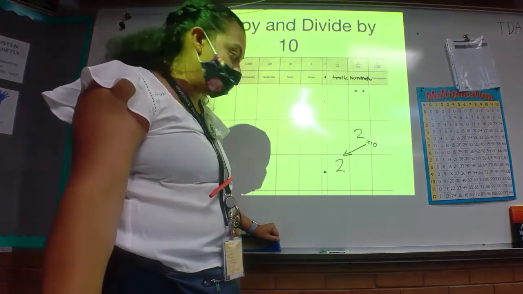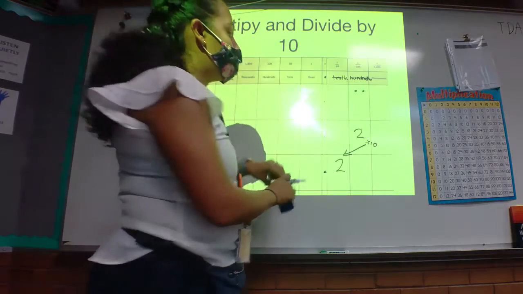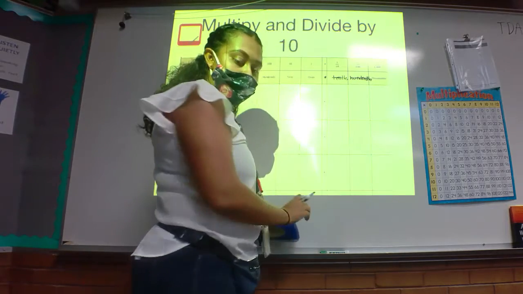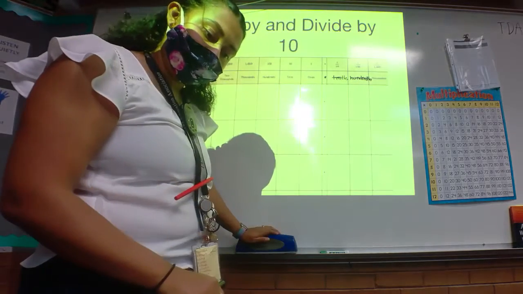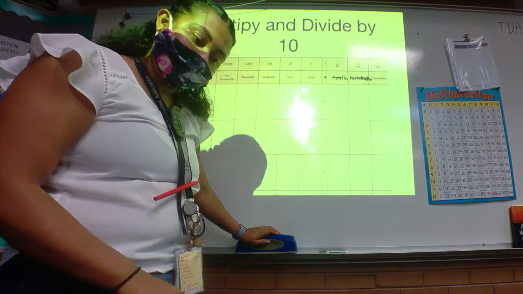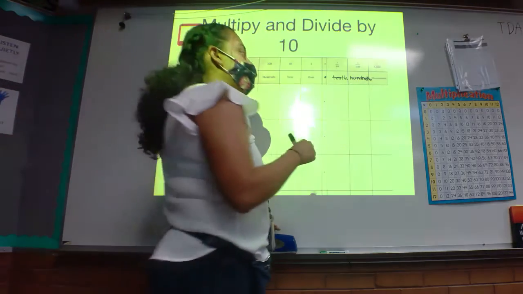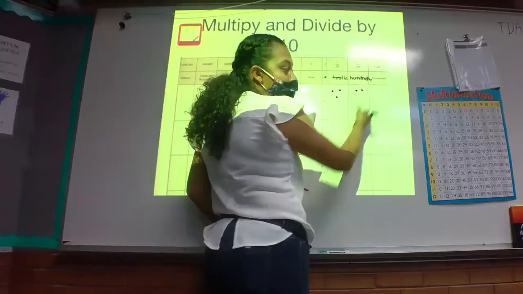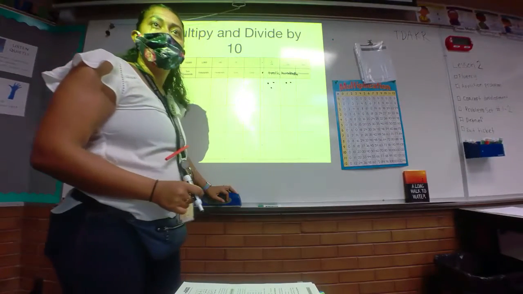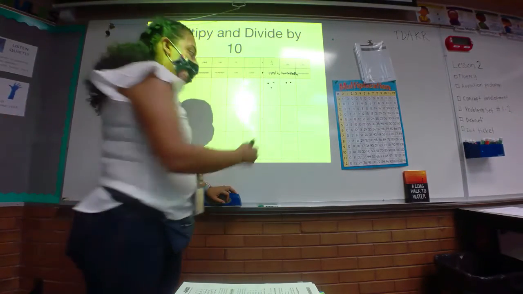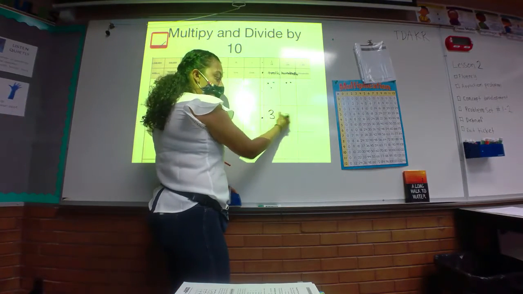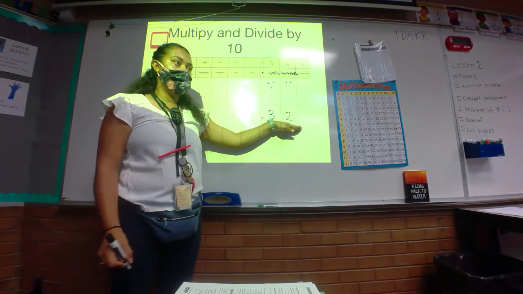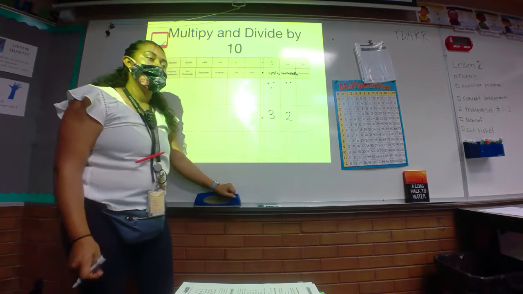Okay, let's try another one. Ready? Okay, wipe off your board or do it below. Okay, next one. We have 3 tenths, 2 hundredths. So 3 tenths, 2 hundredths, or 32 hundredths.